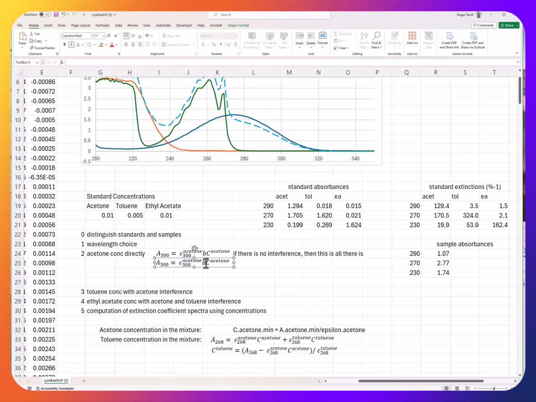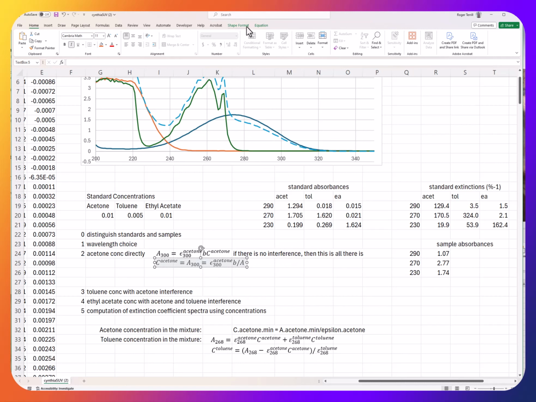Right, so in this case, C acetone will equal, divided by A300.